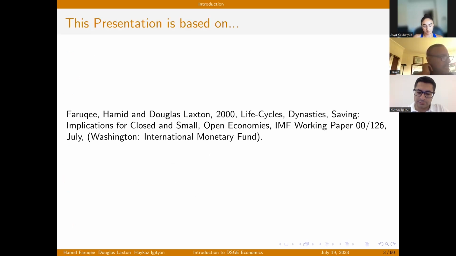In terms of the technical papers that the presentation is based on, there is this IMF working paper that we wrote almost 25 years ago, that maps out these OLG models across a whole range of parameterizations. It allows you to compare some of the key model properties under different interpretations of the model.